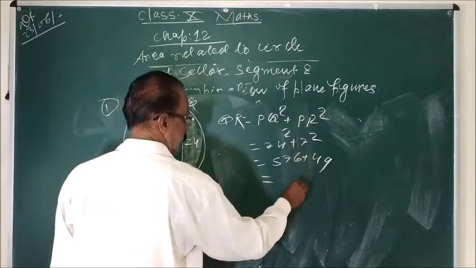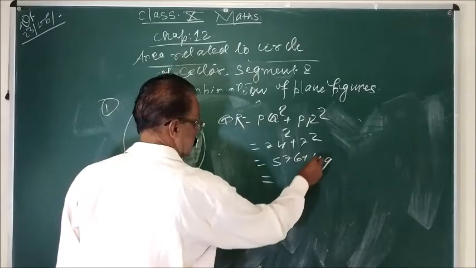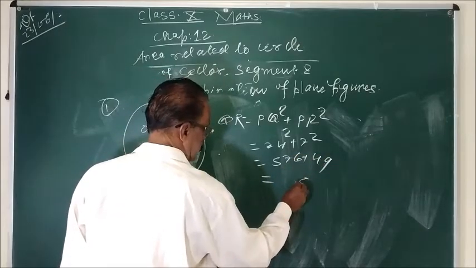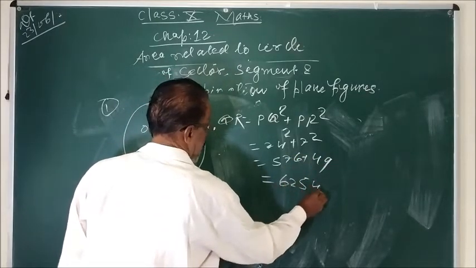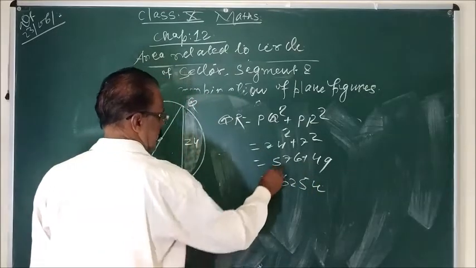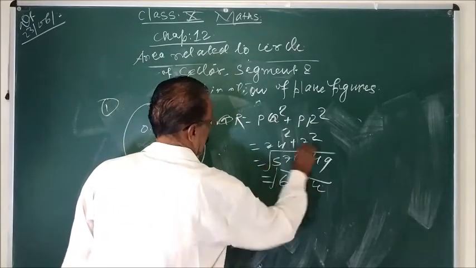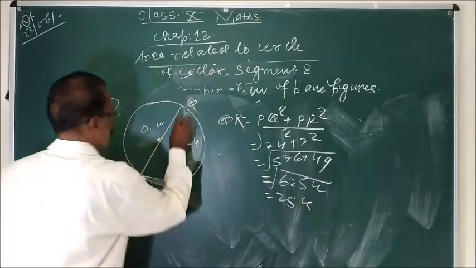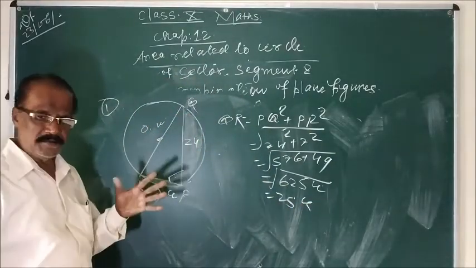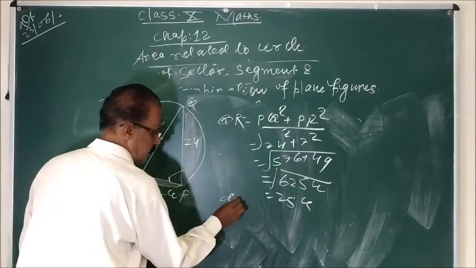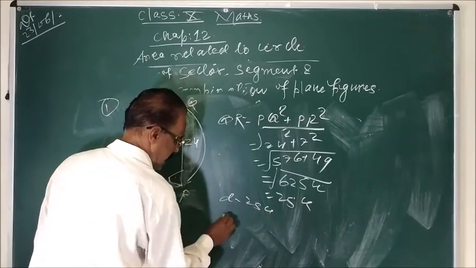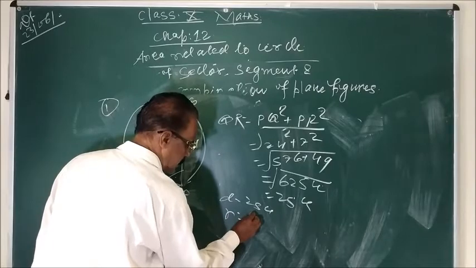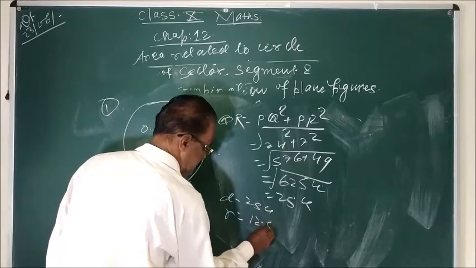Now you see 5, 9, 6, 15 carry 1, 7, 4, 11 and 12 carry 1. This is the value of QR squared, take the square root, and you will get the value of RQ. RQ is the diameter. So the diameter is equal to 25 cm, and r is equal to 25 by 2, 12.5 cm.